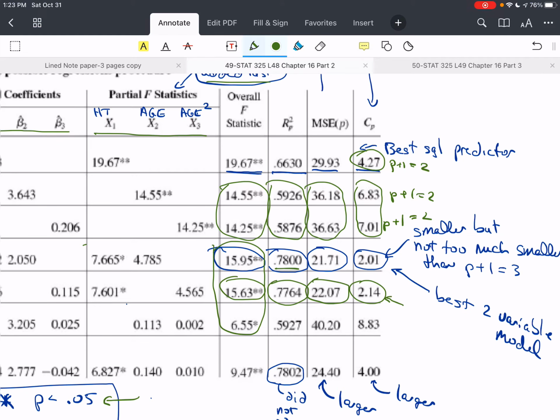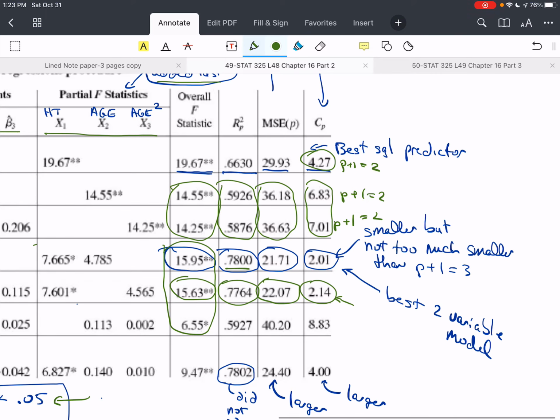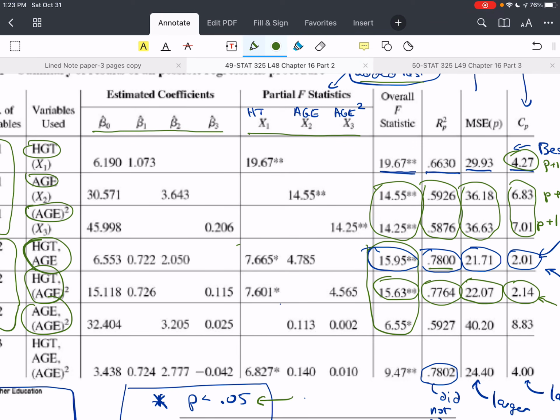We would still choose the 2.01 because the criteria is choose the smaller one that's not too far away, and there's not much difference between these two. So the best two variable model is going to be height and age, but it's very close. You could choose either height and age or height and age squared.